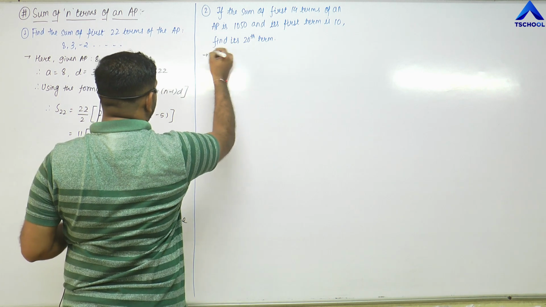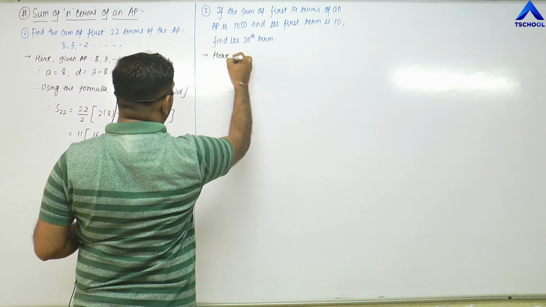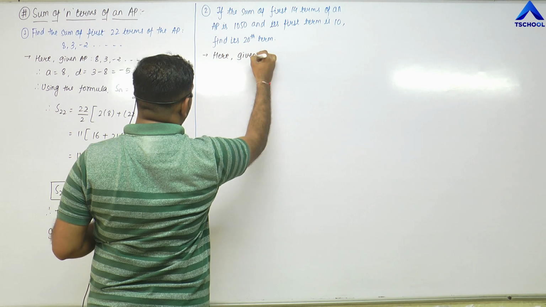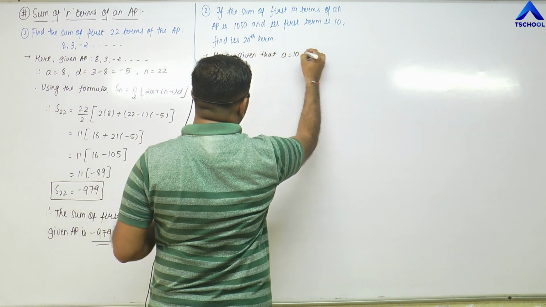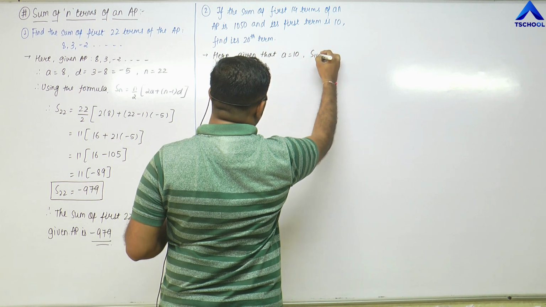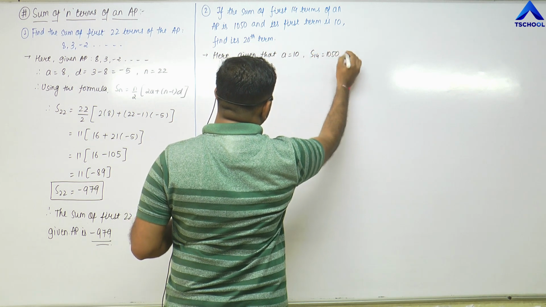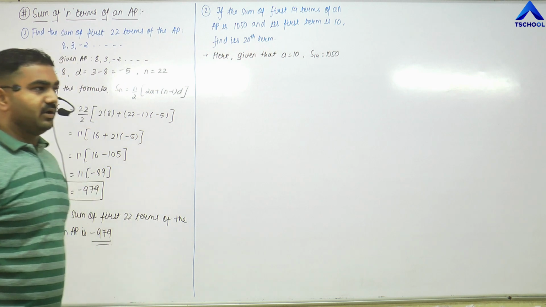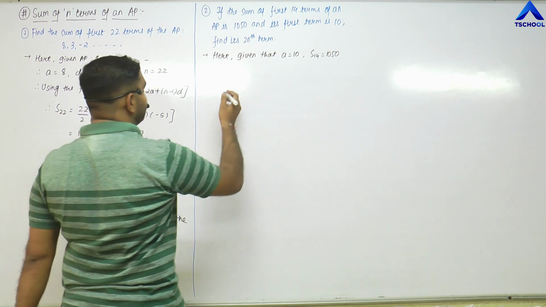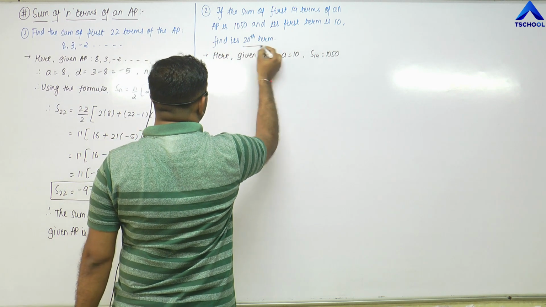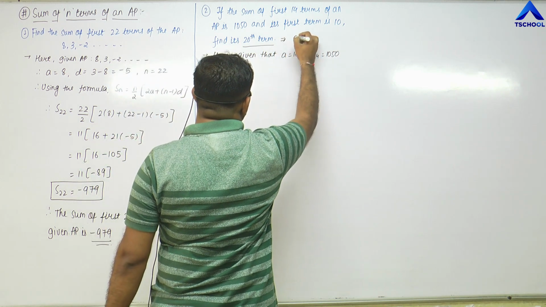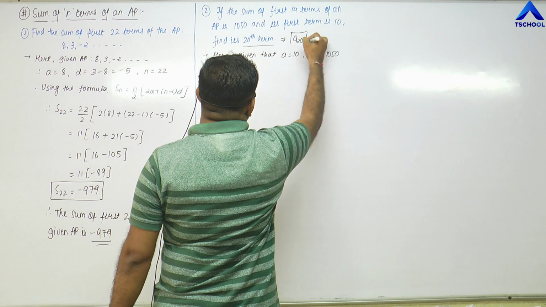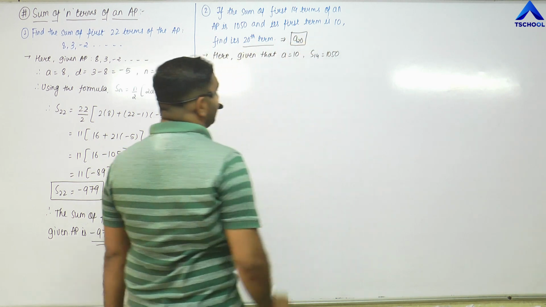So here, given that a equals 10 and S14 equals 1050, right? What we need to find out is the 20th term, not S20. That simply means A20. Note the difference, friends.